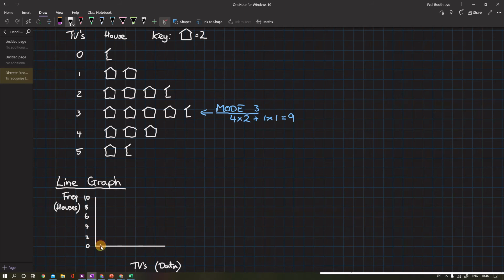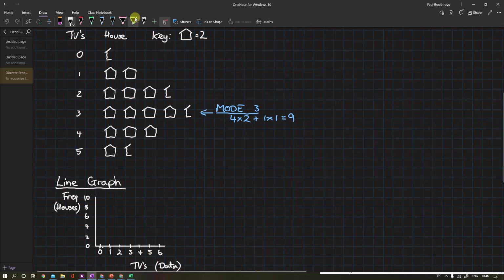You give a tick mark in the middle and you say that's what that value is. So if these were colours, you do exactly the same thing. All discrete data, give a tick mark and the data value that goes with it. And I'm going to put a 6 in here, even though it's not there. In a moment we'll talk about one other thing we can draw from these.